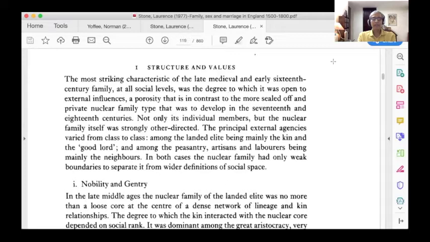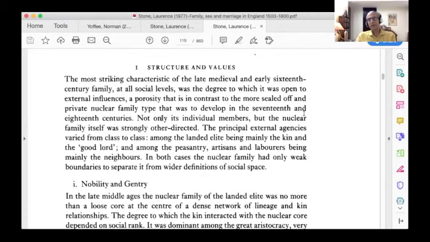Not only its individual members, but the nuclear family itself was other directed. The principal external agencies varied from class to class, among the landed elite being mainly the kin and the good lord, and among the peasantry, artisans, and laborers being mainly the neighbors. In both cases, the nuclear family had only weak boundaries to separate it from the widest definitions of social space."